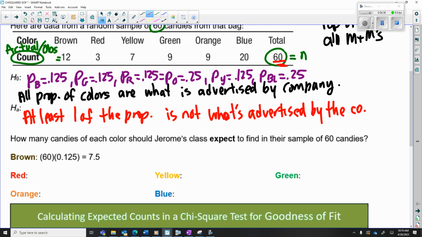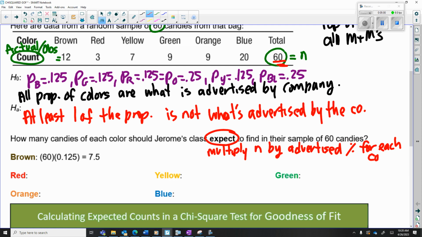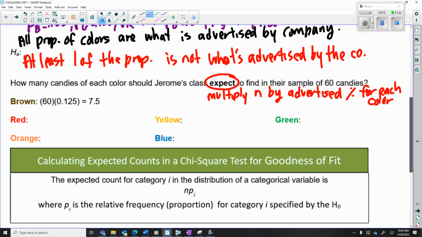Then we want to compare what we actually got to what was expected and see how off it was. To find the expected values, multiply the sample size N by the advertised percent for each color, or whatever it is we're talking about in the question. In this case, we're talking about color.